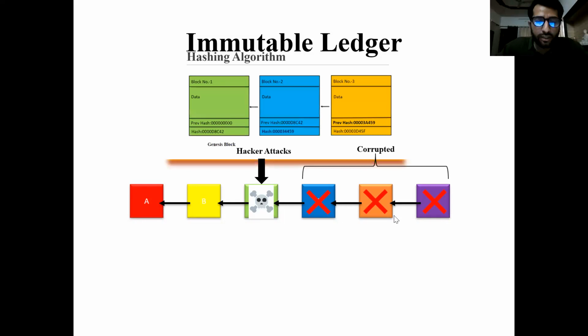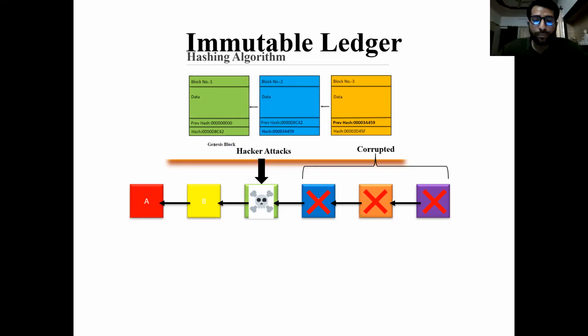If somebody tries to manipulate my data, due to the avalanche effect, there will be a drastic change in the previous hash and hashes in the further blocks. So if anyone tries to hack the blockchain, the further blocks will be corrupted.